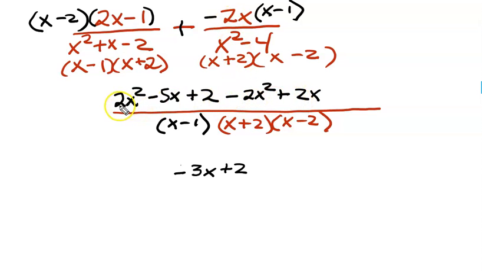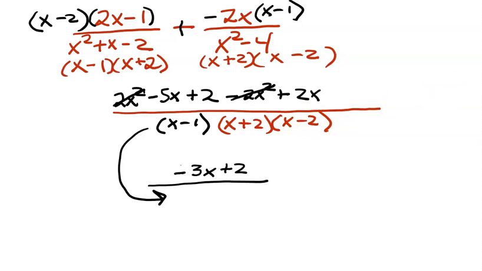And now notice this will cancel with this. I get a negative 5x and a positive 2x. Combining like terms, I get a negative 3x plus 2. And that's all going to be over this common denominator.